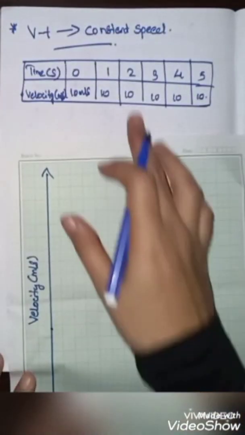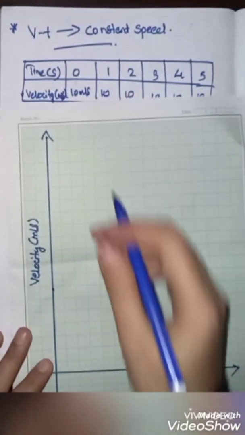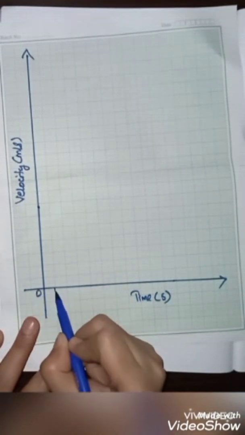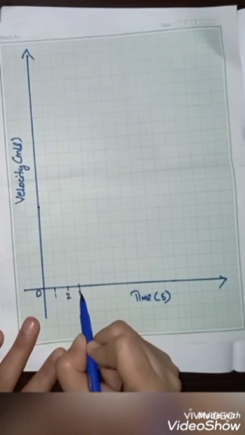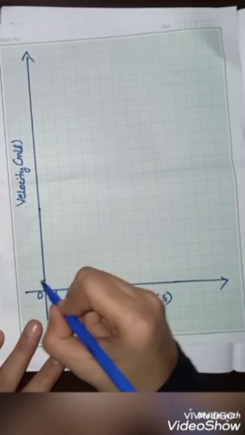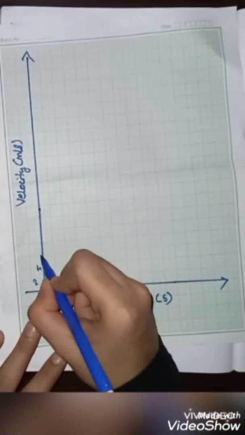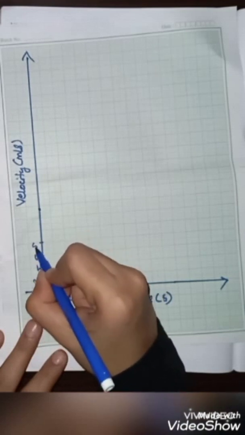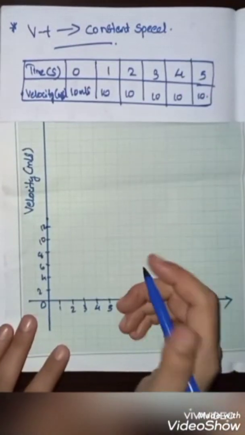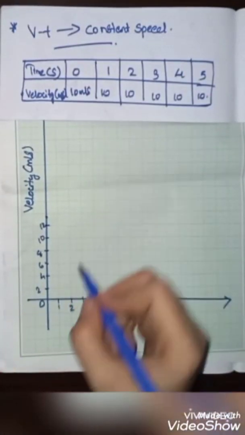Based on this data, we can mark the time 0, 1, 2, 3, 4, 5, and the velocity 2, 4, 6, 8, 10, 12. At 0 seconds, it is 10 meter per second.